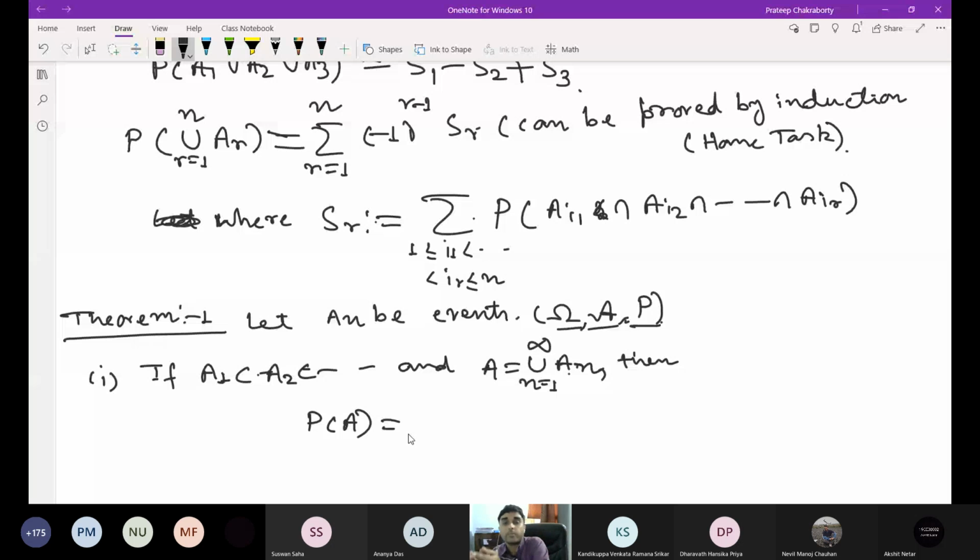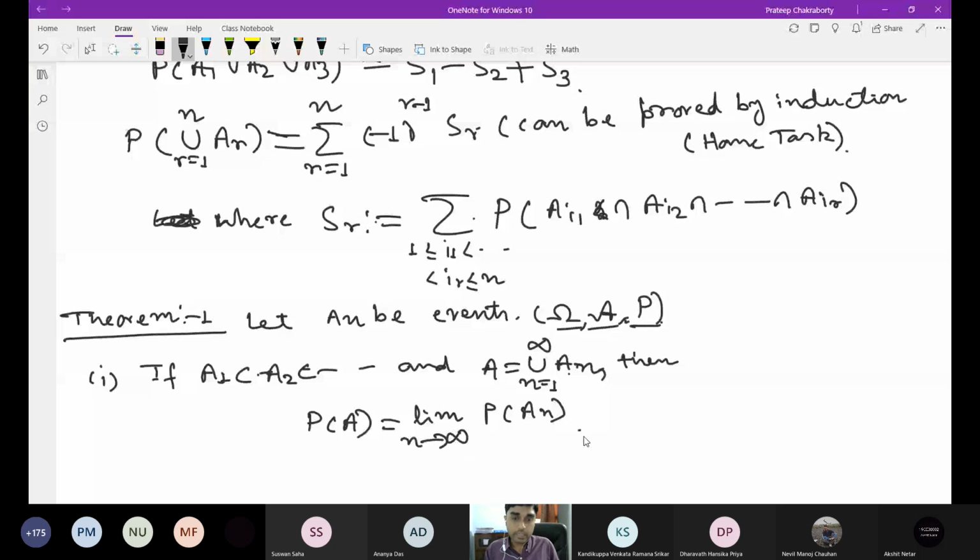Because this is a continuity theorem, P of A should be the limit of P of An as n goes to infinity. That's why this is called the continuity theorem.